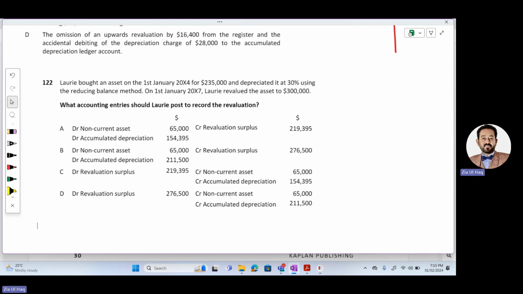On 1st January 20x7, meaning after 3 years, Lorry revalued the asset to 300,000. What accounting entry should Lorry post to record the revaluation? Can you try this? What should be the accounting entry?